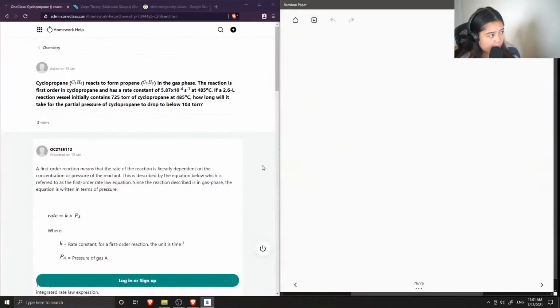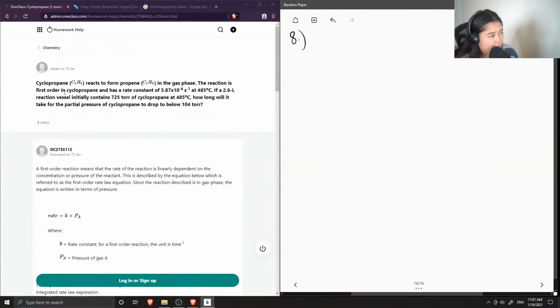Okay, so on to question 8. Cyclopropane C3H6 reacts to form propene in the gas phase. The reaction is first order in cyclopropane and has a rate constant of 5.87 times 10 to the negative 4 inverse seconds at 485 degrees Celsius.